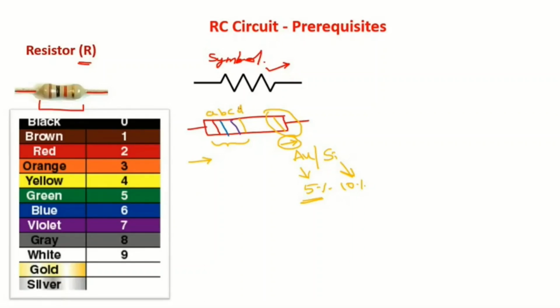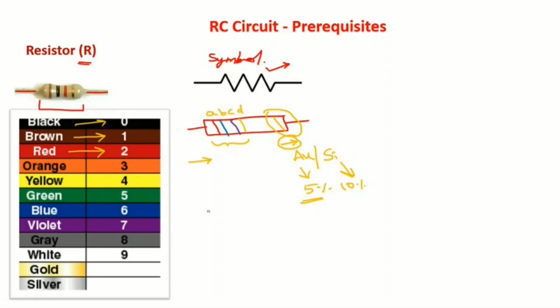These are actually variables, the numbers assigned to the respective colors. For example, in this table I have assigned black 0, brown 1, and red 2. Like this, for every color I have assigned a different number. So, based on the colors available, we can calculate the value of resistance.